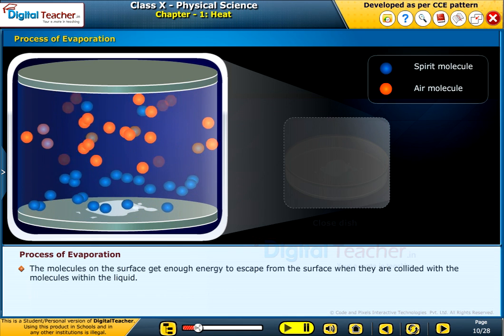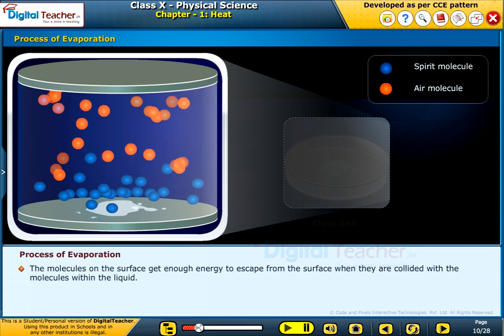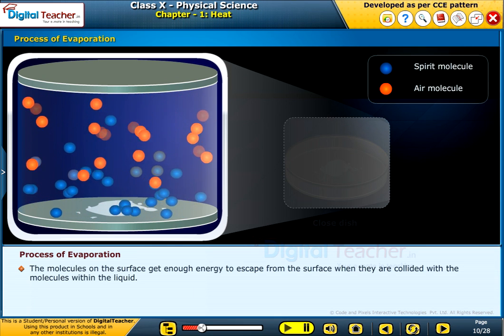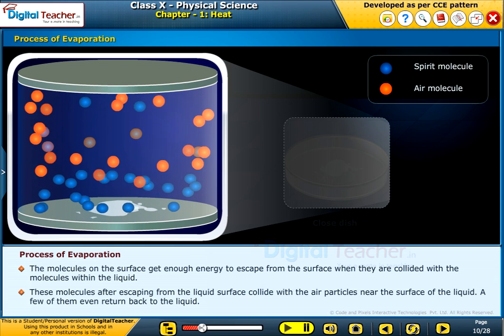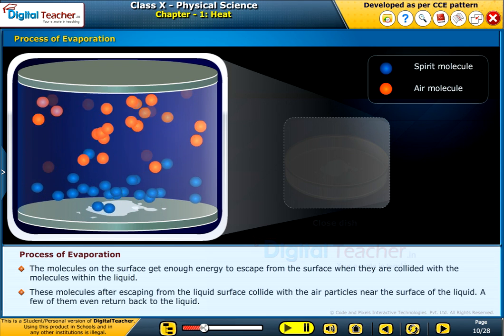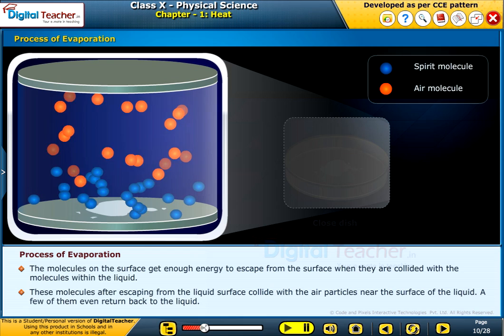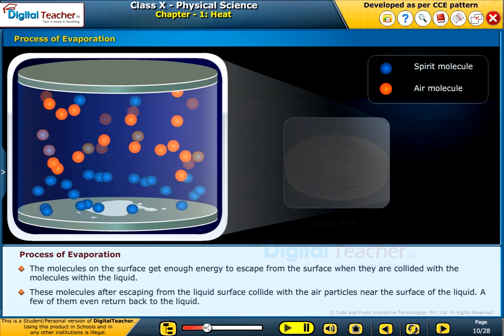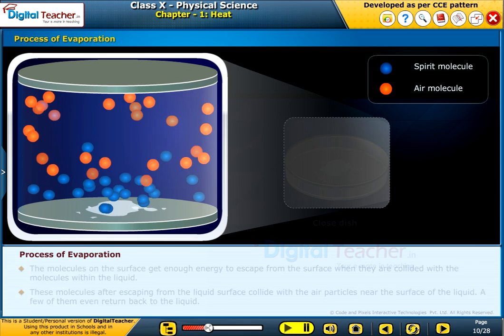The molecules on the surface get enough energy to escape from the surface when they collide with the molecules within the liquid. These molecules, after escaping from the liquid surface, collide with the air particles near the surface of the liquid. A few of them even return back to the liquid.